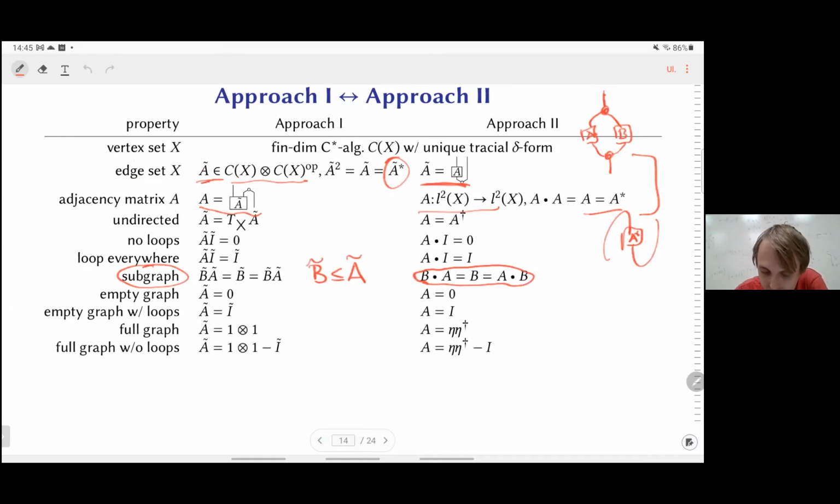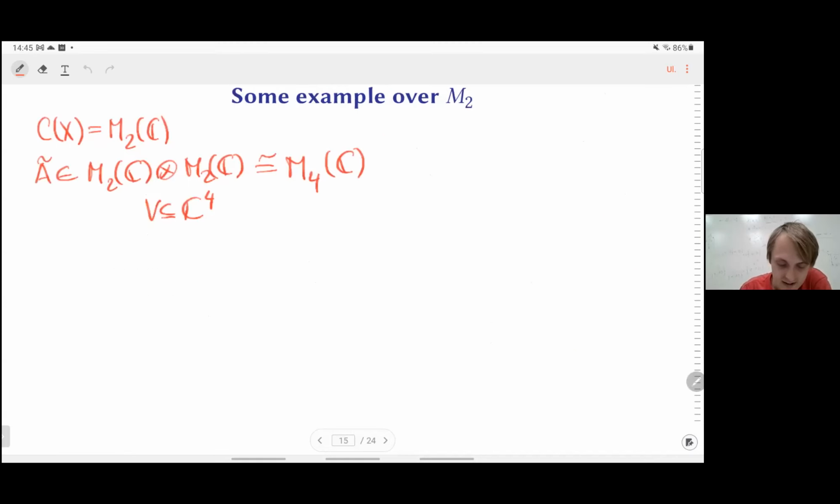Usually if you read some literature about quantum graphs, they would give you this second approach definition. And at least for me, it is totally unclear how to construct any example whatsoever. But if you think about it in terms of this approach 1, then it's really easy, because taking a projection is just taking a vector subspace. And so we can do that.